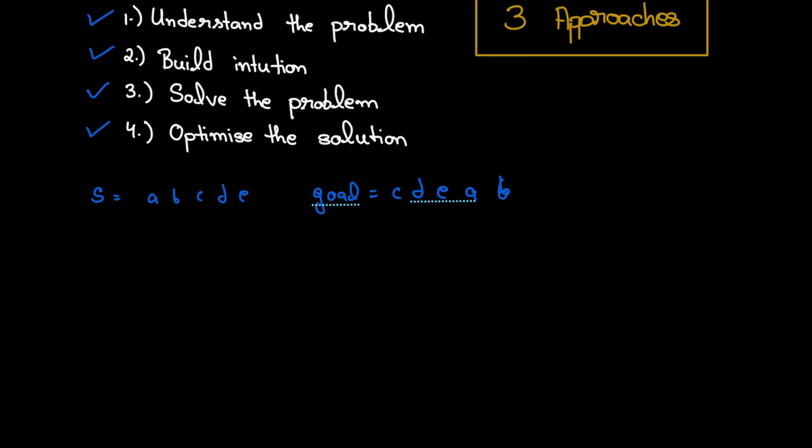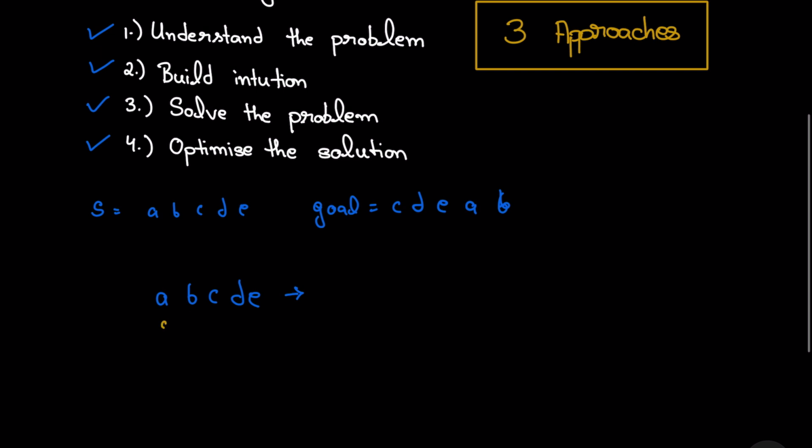To solve this, first of all, let us understand what we mean by rotating S. Let's say you have some string A, B, C, D, E. When you rotate it, you move every character of the string to the left or right. Let's say we are doing a left rotation. Say the indexes were like this: A was at index 0, B at index 1, then 2, then 3, and then 4.